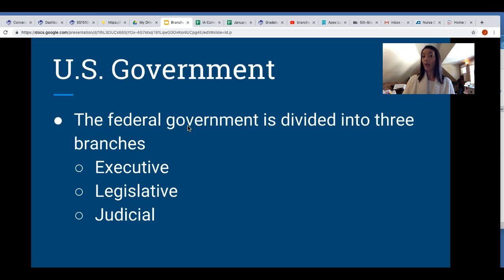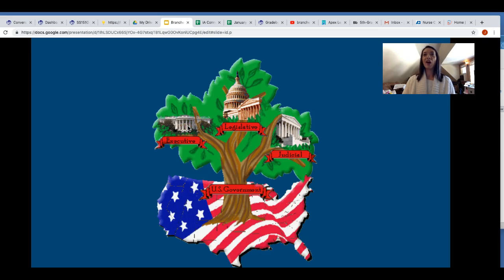Does anyone know anything about the executive branch? You might be very familiar with who is at the top of the executive branch. Anybody know? Okay, before we get into that, I wanted to show you this graphic. And of course, this is the continental United States that the artist has put in.